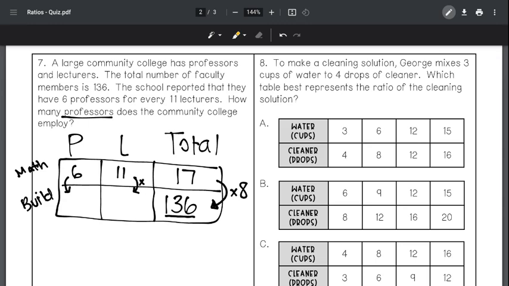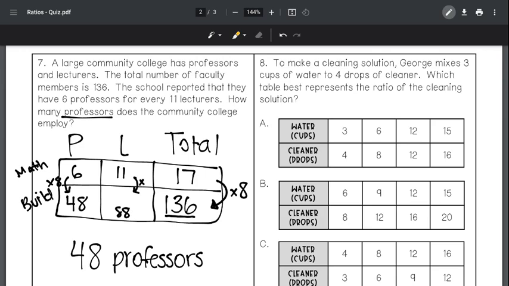So that means to go from the top row to the bottom row, we have to multiply those numbers by 8. So 6 times 8, which is our scale factor, means that the whole college has 48 professors. Okay, so that's what I was looking for, 48 professors. If you solved for lecturers, it would have been 88 for L. Okay, but the question asked for this, so this was the quiz answer that you need.